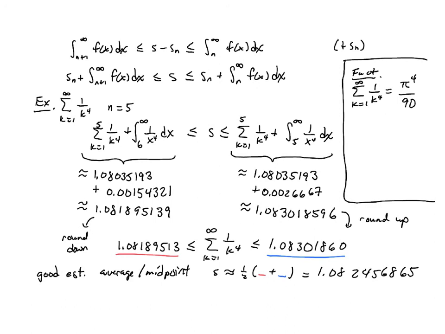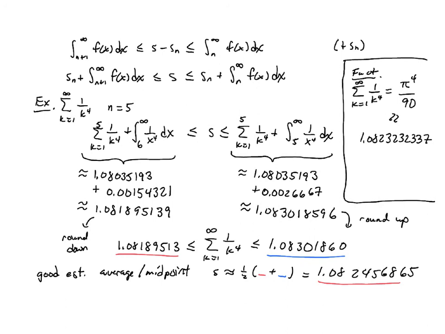And this is not in any way obvious. This is actually really, really challenging to prove. But if you plug this into your calculator, you get this number, 1.0823232337, as an approximation, which is pretty close to the approximation that we got down here.